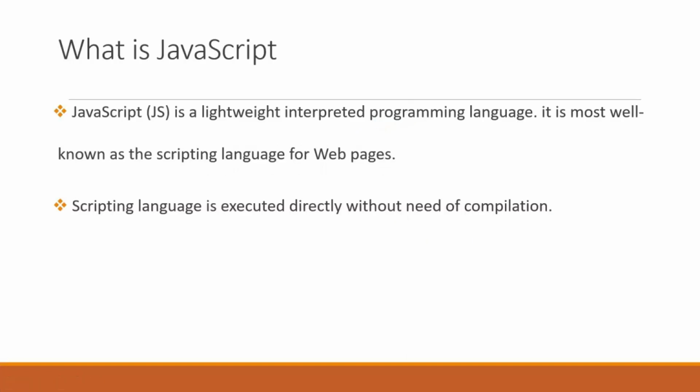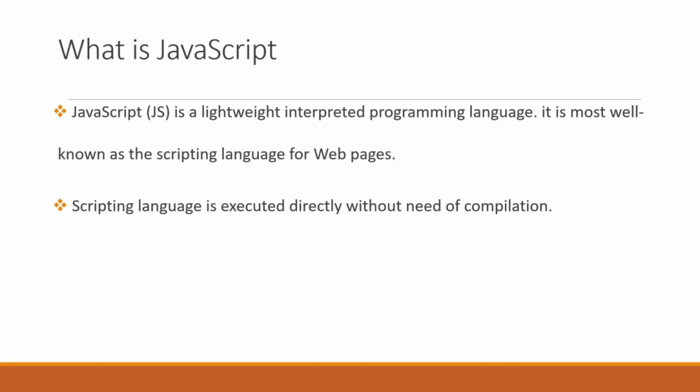What is JavaScript? JavaScript or JS is a lightweight interpreted programming language, and it is most well known as a scripting language for web pages. So you may get a doubt, what is a scripting language? Scripting language means it will directly get executed.